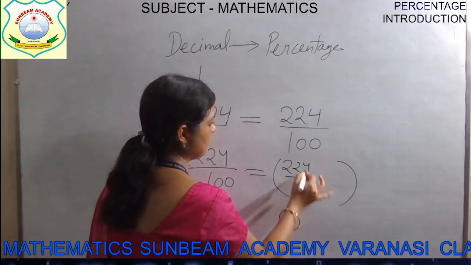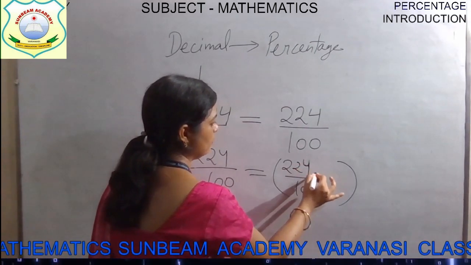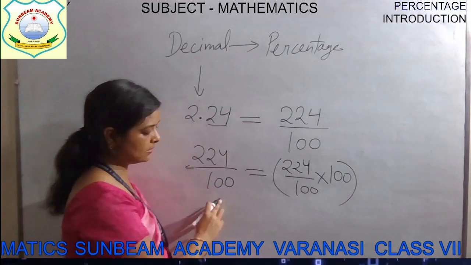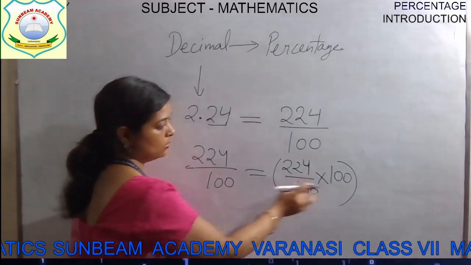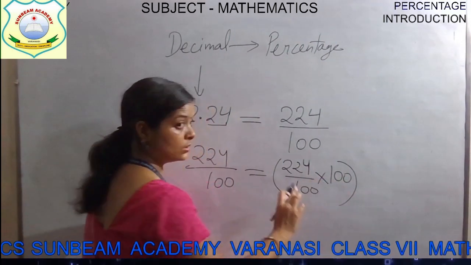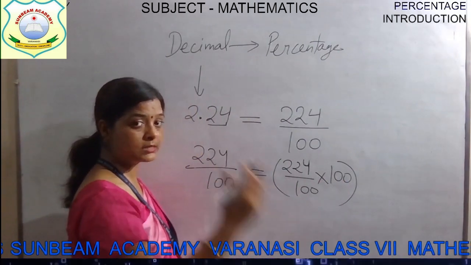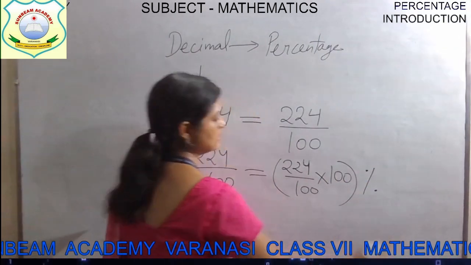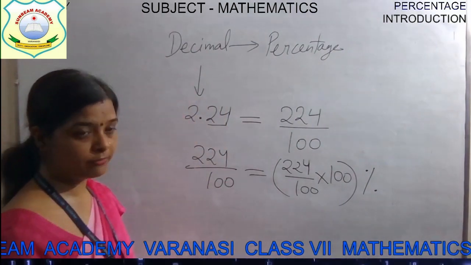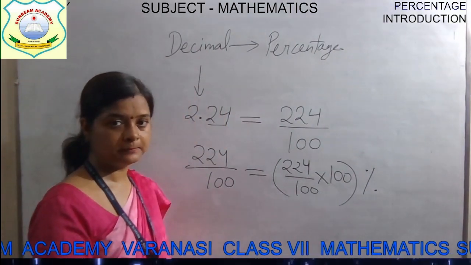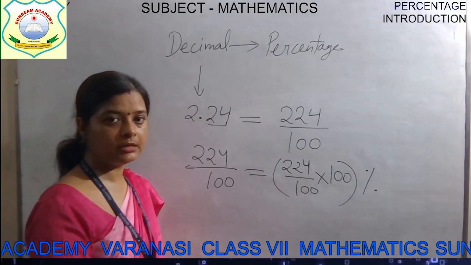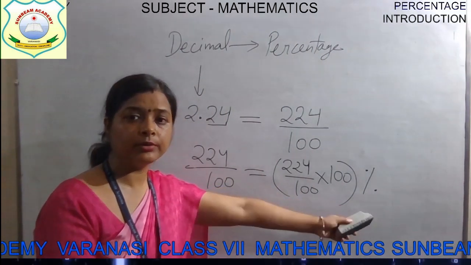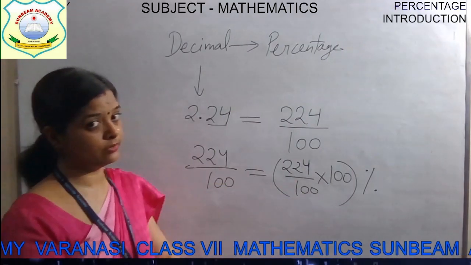Now, are they the same right now? No. If you are multiplying it with 100 so that your value converts into percentage, you have to put the percentage symbol. This means out of 100. Wherever you write this percentage sign, it means out of 100.